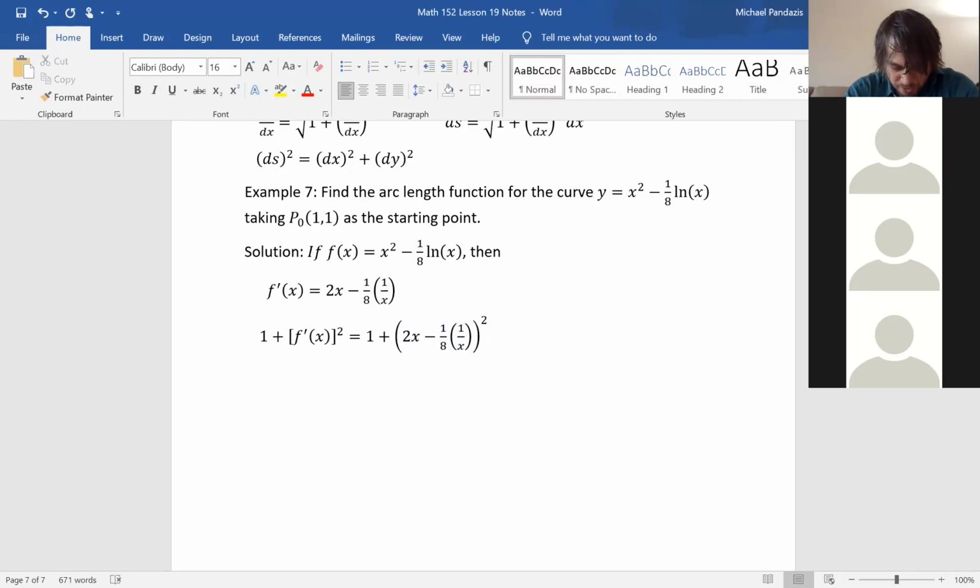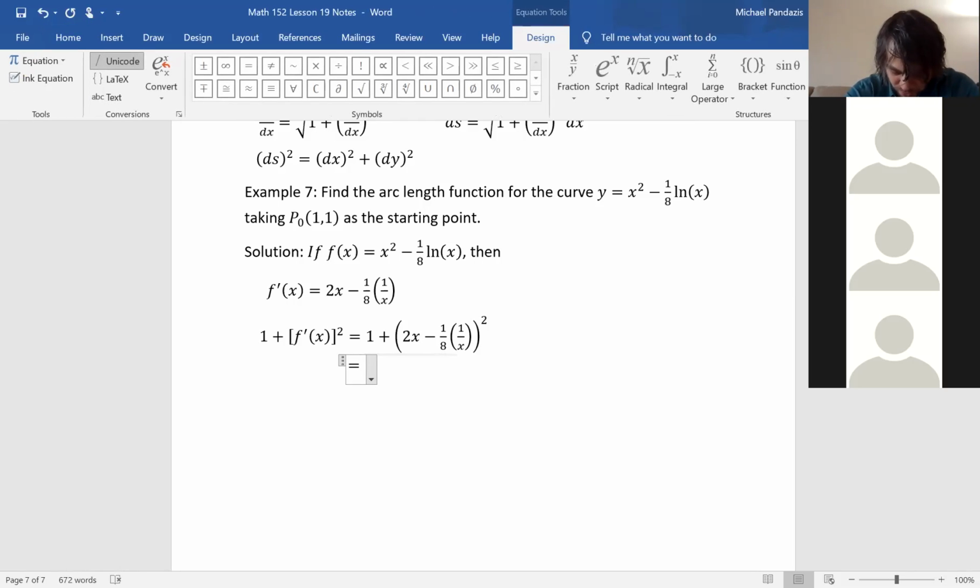Now if you square that and expand it and combine like terms, you will get 1 plus 4x squared minus 1/2, well, almost combining, I'm going to combine that after, plus 1 over 64x squared.